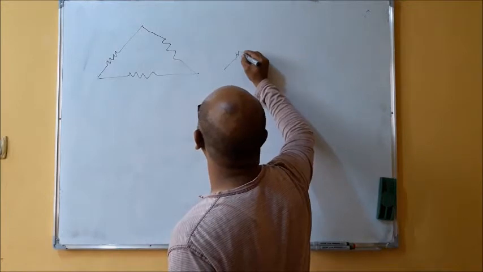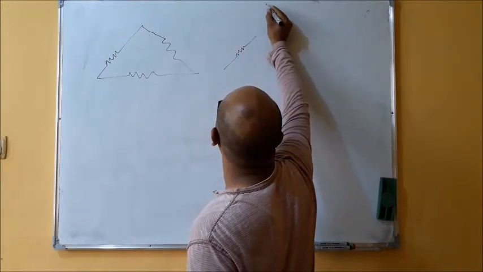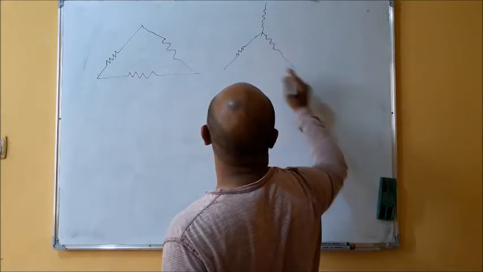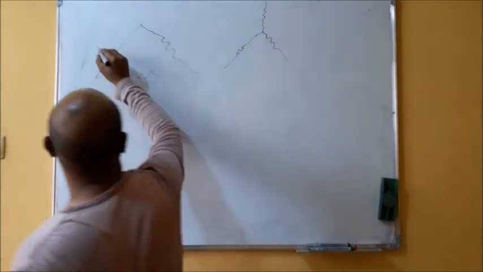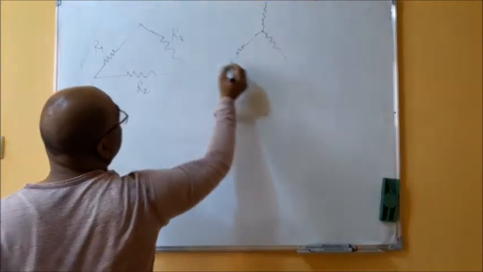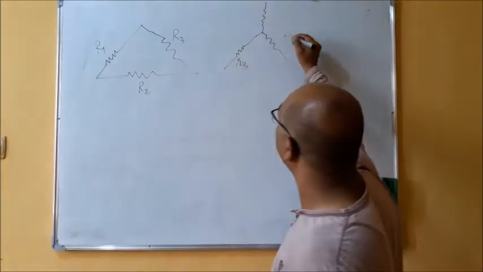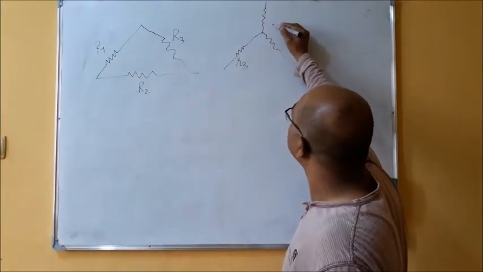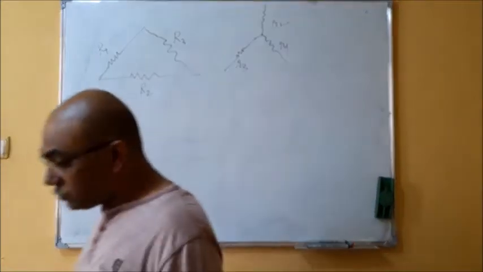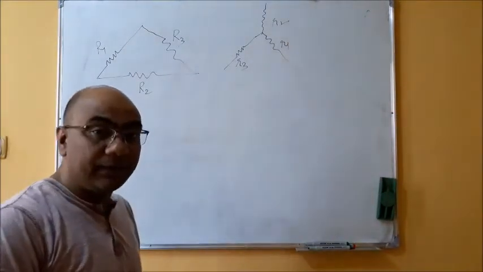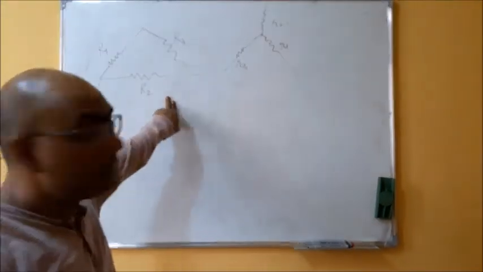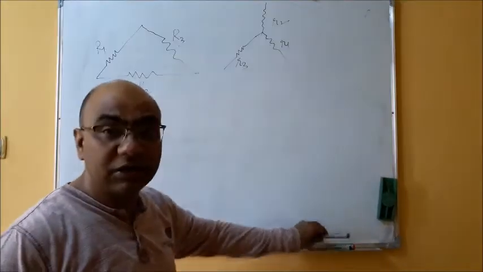The other connection, right? Suppose I am saying this is R1, R2, R3, R3, R2, R1. So if you see this figure, what you will get? You will get here three resistances are connected in this way. Here three resistances are connected in this way.